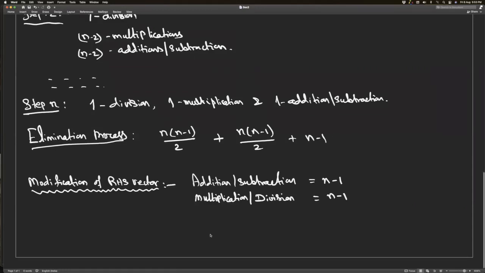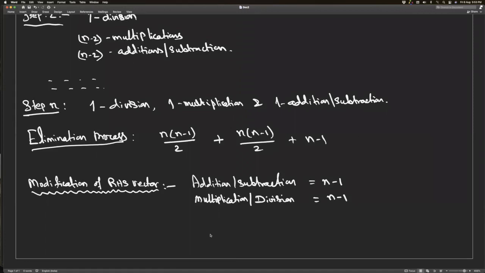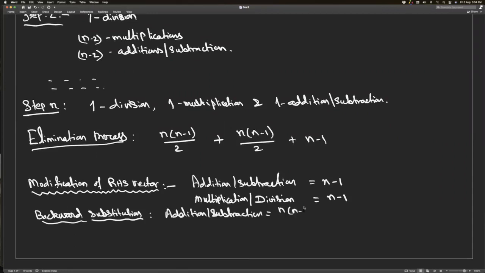I'm just skipping the details; you can see it easily. And for the backward substitution, you have additions or subtractions equal to n into n minus 1 by 2, and multiplications or divisions equal to n into n plus 1 by 2.